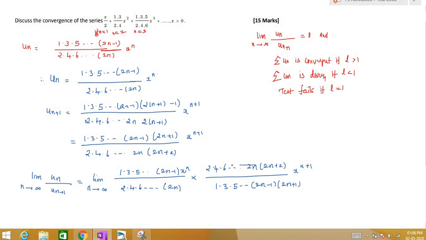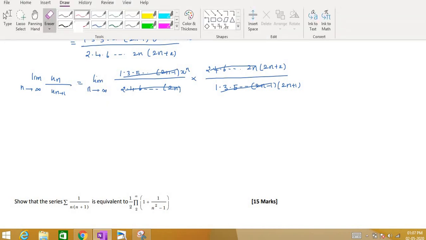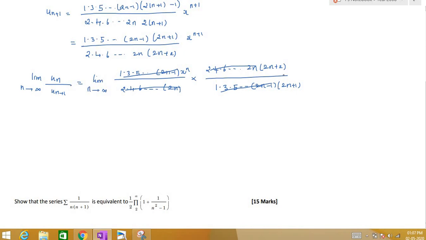So I can cancel this term and this term, and I can cancel this term and this term, right? Sorry, x power n plus 1 will be here, because x power n plus 1 is in the numerator.